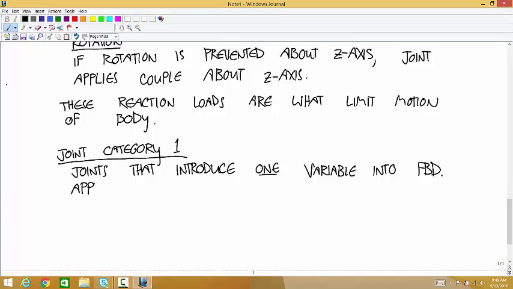And they all do that by applying a single force in a known direction.